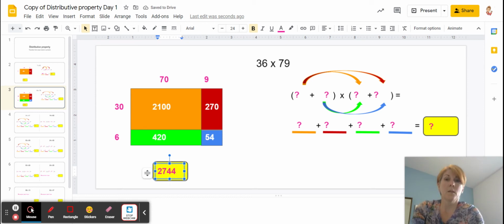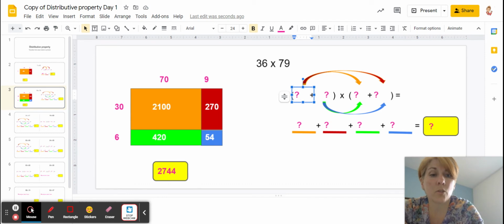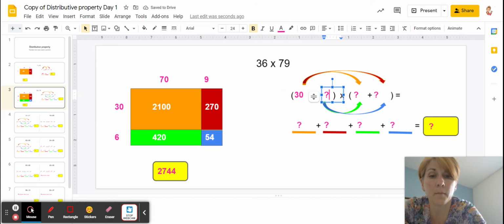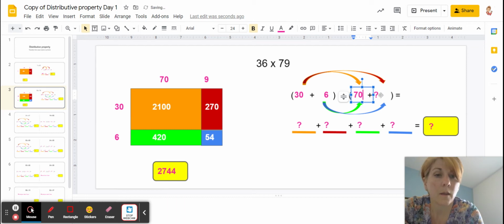Then I'm going to mimic that exact same question by splitting up my 36 into a 30 and a 6, and then 70 and a 9.